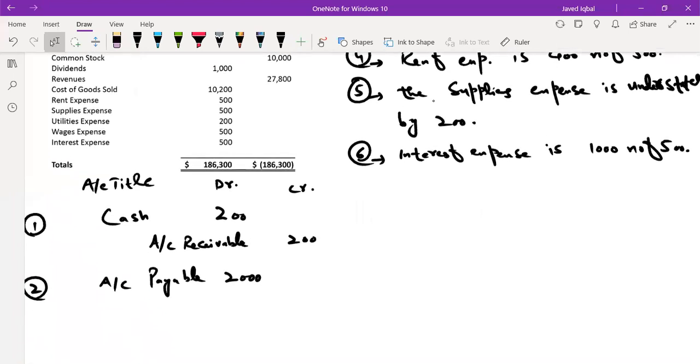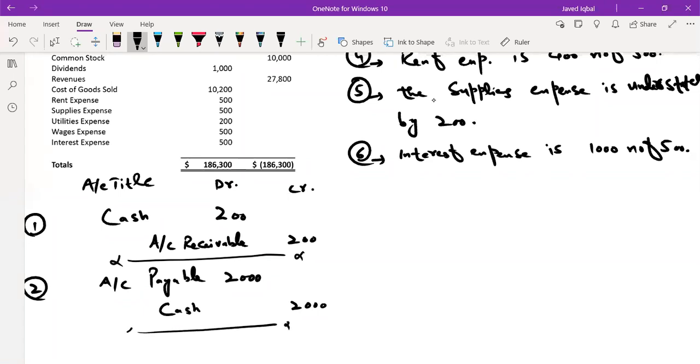Since the information provided to us does not describe any mode, the best way is to do the adjustment from payables, meaning you have to realize that you might have paid these 2000 but you haven't recorded it. Since you had not recorded it at that time, at the closing time you can record it.